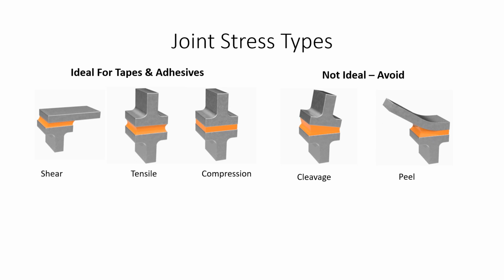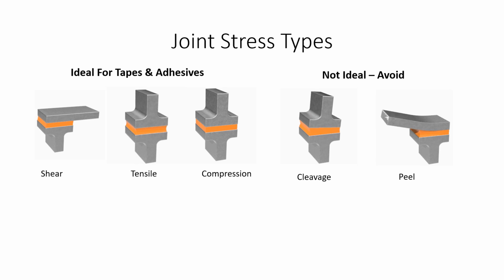Cleavage and peel are the same exact force. It's that prime force. The difference is cleavage is between two rigid materials, so you have that same force, but it reacts on the bond line a little differently because it's in between two rigid materials. Peel is that same prime force, but between at least one flexible material.